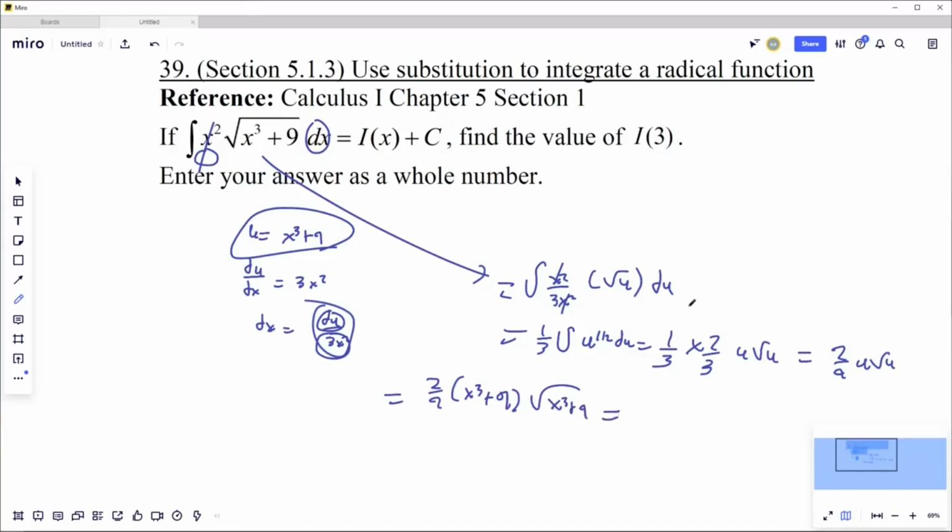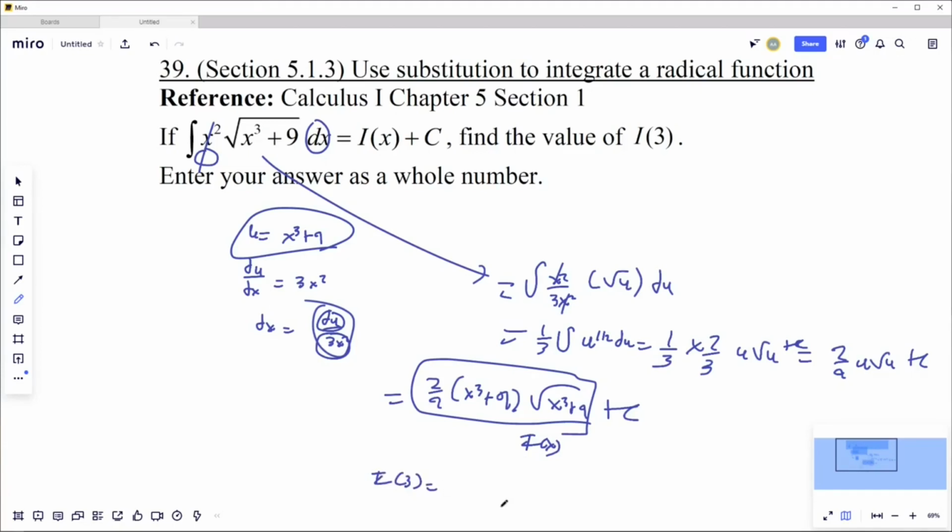Now this is nothing, you can do it in the calculator. Actually, let's do it, it's faster. So it's 2 over 9, by the way this is plus c, plus c, and this itself is I of x, and I of 3 is, let's put that in the calculator.